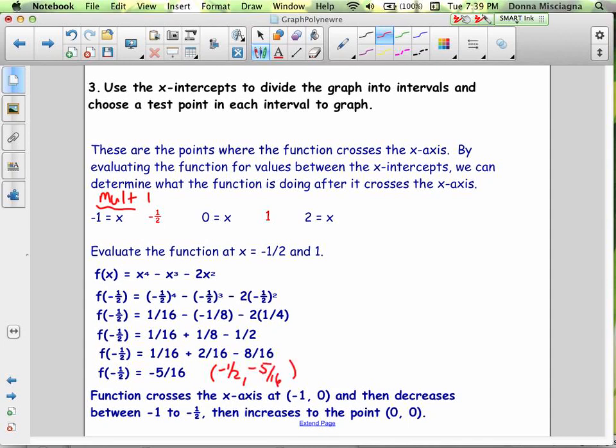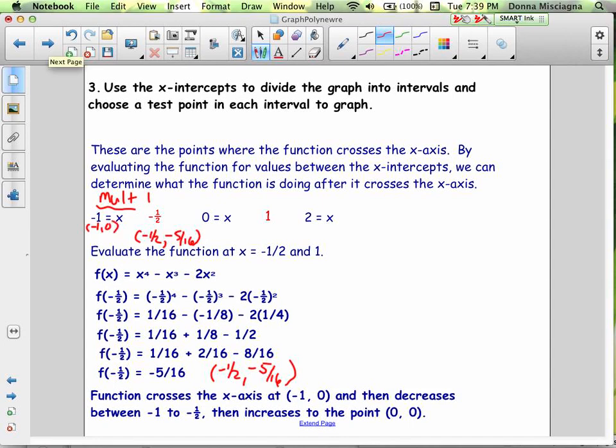We're going to decrease to that point. And then, of course, we have to come back and increase, because we have to get back to our next x-intercept, 0, 0.